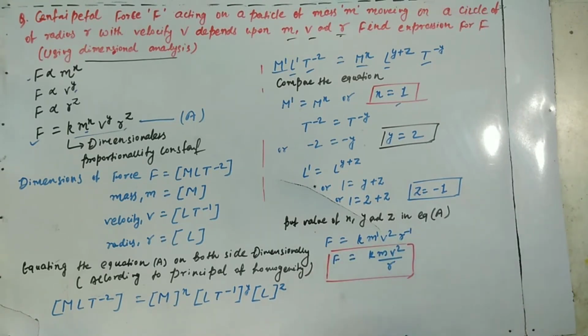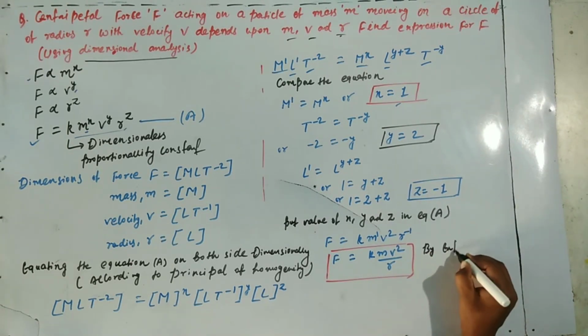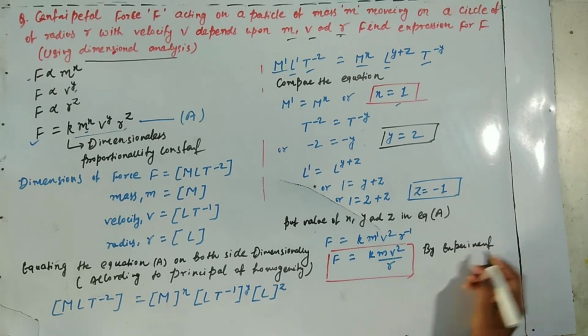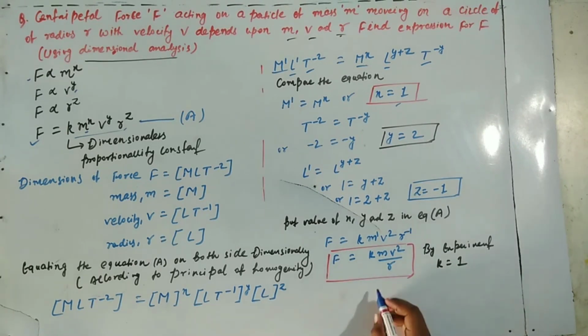Here k is a dimensionless term, that is a unitless term. So dimension analysis can't find the value of k because it is a dimensionless term. So you can leave the equation here. That equation is correct according to dimension analysis. Now if we go forward, by experiment the k value is 1.